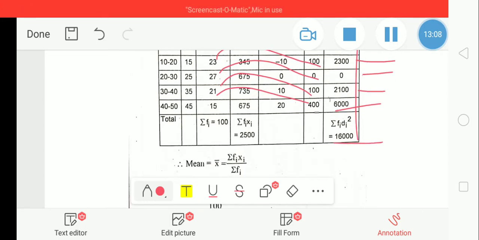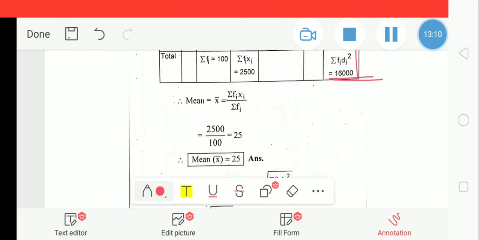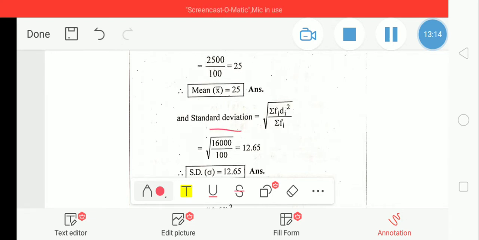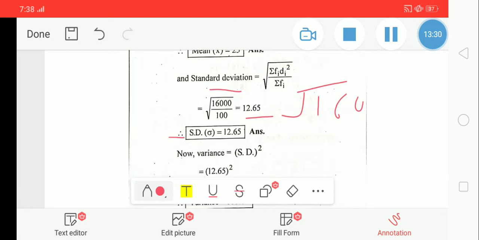Summation of fi di square is 16,000 and summation of fi is 100. So the standard deviation is the square root of summation of fi di square divided by summation of fi, that is 16,000 divided by 100, so the square root of 160, which is 12.65. So the standard deviation sigma is 12.65.